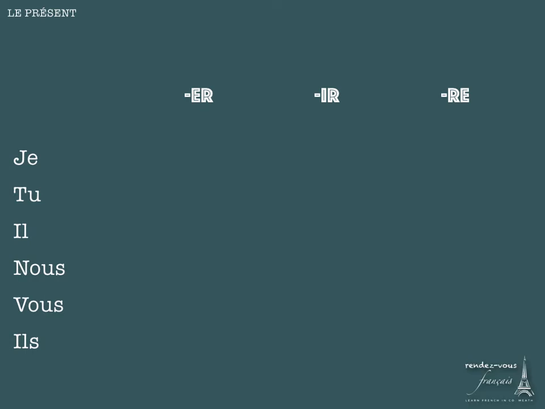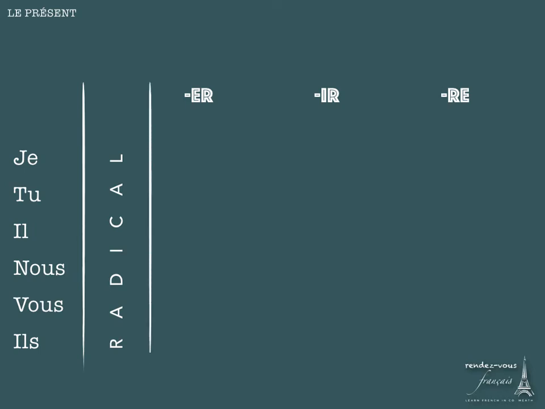So to make the present tense, we need the subject, le sujet, je, tu, il, nous, vous ou ils au pluriel. We need le radical, so that's the infinitive after you dropped the er, ir, or re, and the correct endings. So for er, it's e, es, e, ons, ez, ent.